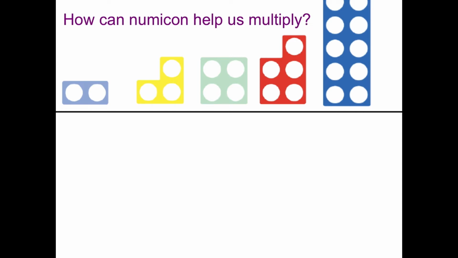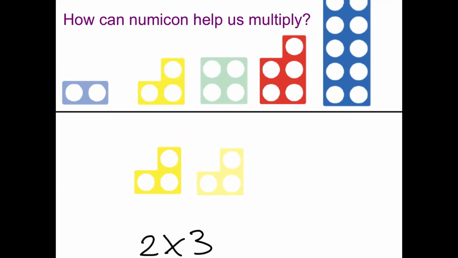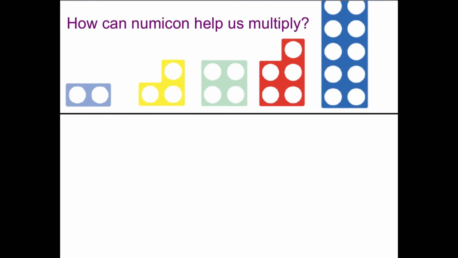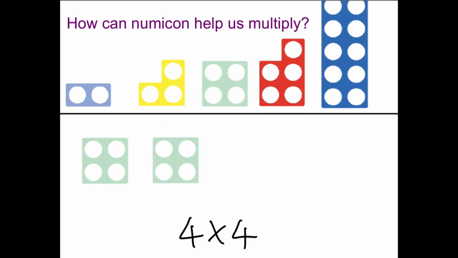So if we had a multiplication number sentence like 2 times 3, we could get 2 sets of 3 and work out that the answer was 6. If the question was 4 times 4, let's write that down, 4 times 4, we could get 4 4s. 4, 4, 4, 4.